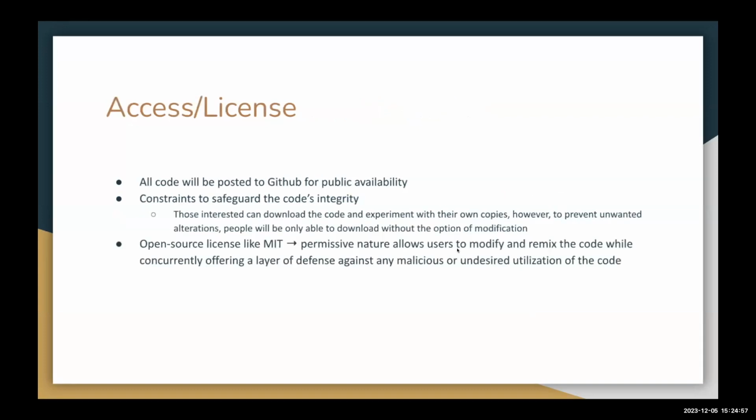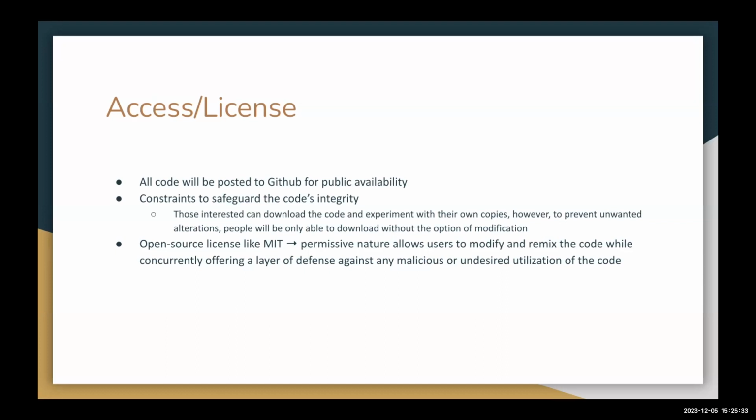And then as for the access and licenses, I plan on having all the code published to GitHub for public availability. Despite the public accessibility of the source code on GitHub, I intend to impose specific constraints to safeguard the source code's integrity. I would plan on strongly encouraging interested parties to download the source code and engage in modification and experimentation with their individually acquired copies.